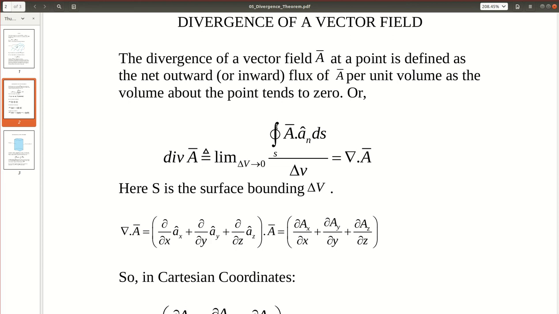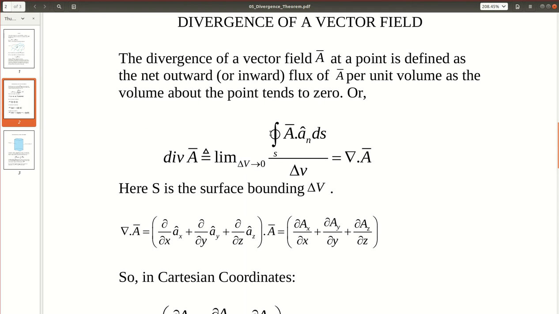So the divergence of a vector is how much flux per volume. How much flux is coming in or out from a volume that tends to zero.